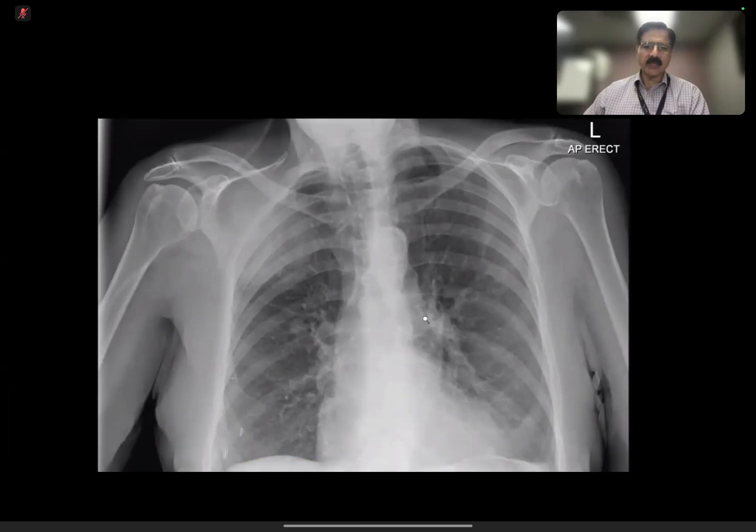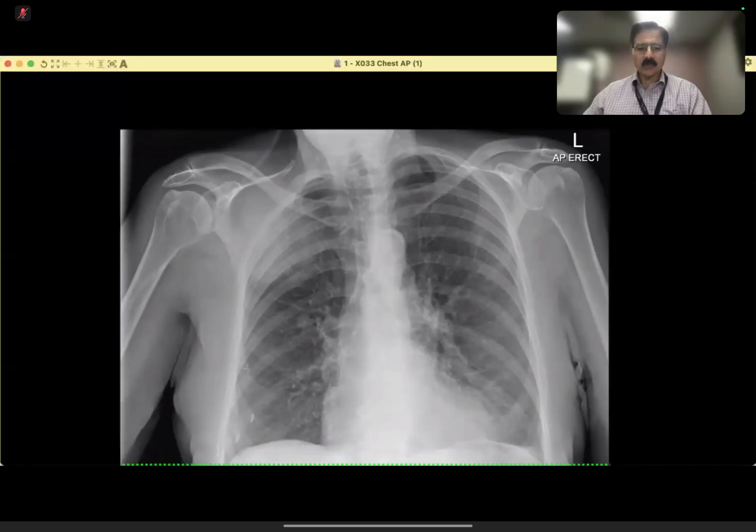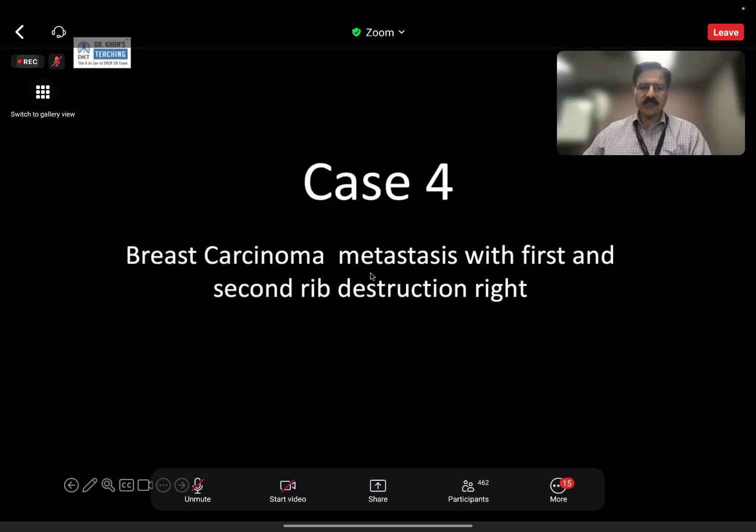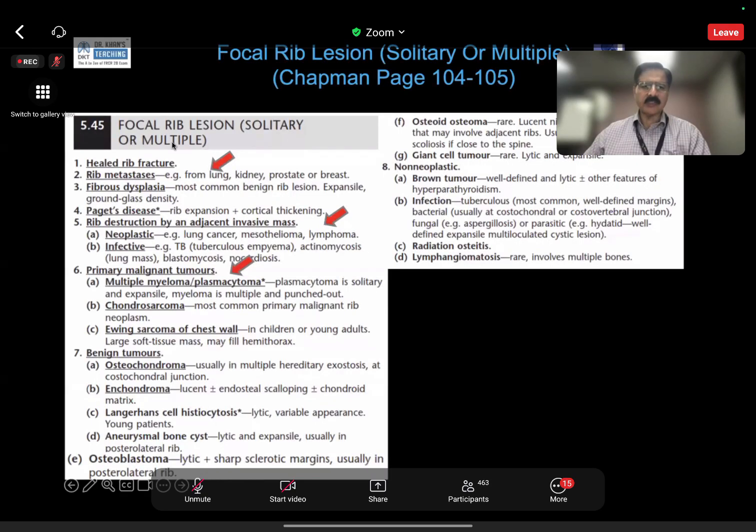So just on this plain film, one can make that diagnosis. For revision, the differential diagnosis you can revise is this one from Chapman 5.45, focal rib lesion, solitary or multiple.